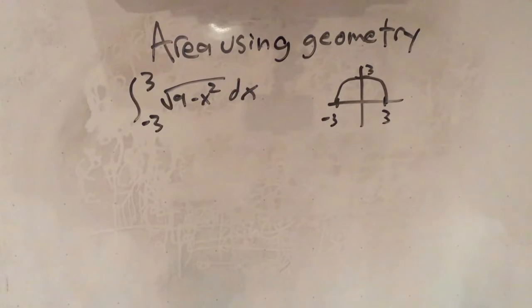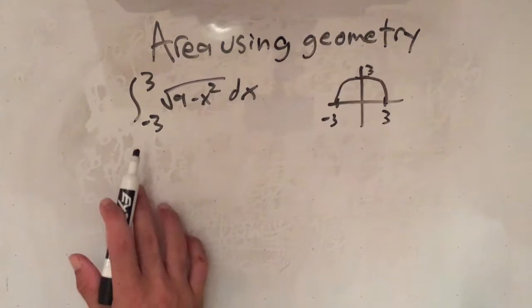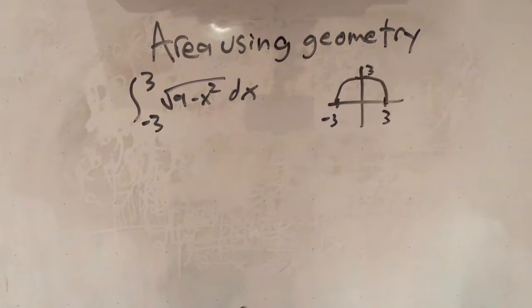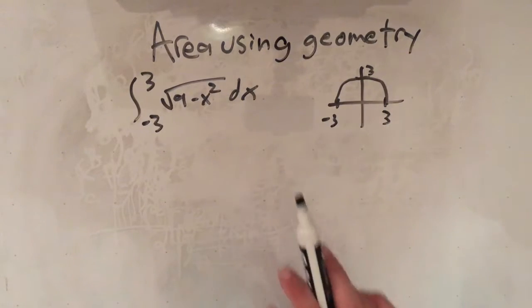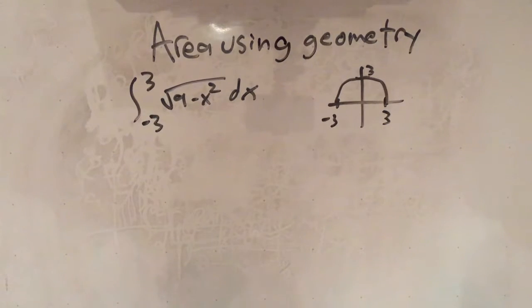Okay, so here's another area using geometry problem. So we're going to look at the integral from -3 to 3 of the square root of 9 minus x squared dx. So if we're able to recognize that this is the formula for a semicircle, then this problem becomes really easy.